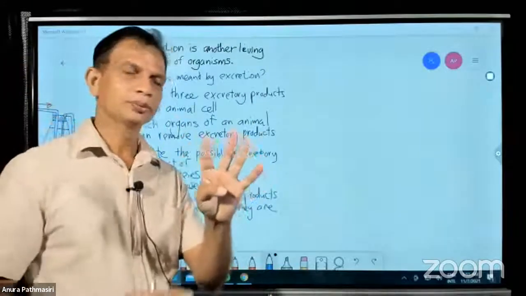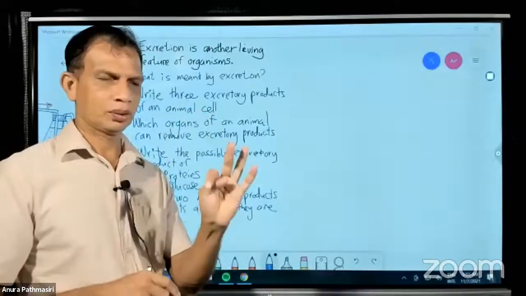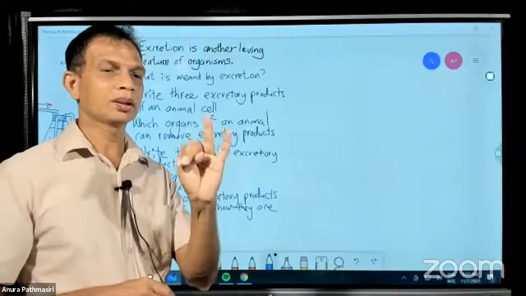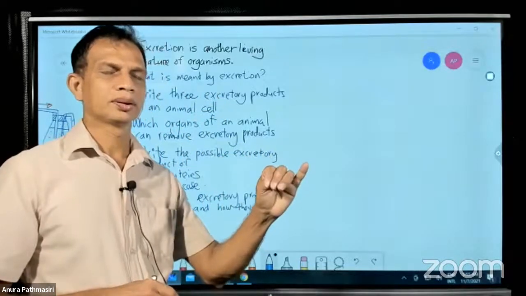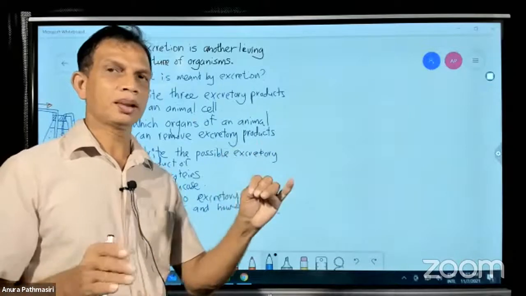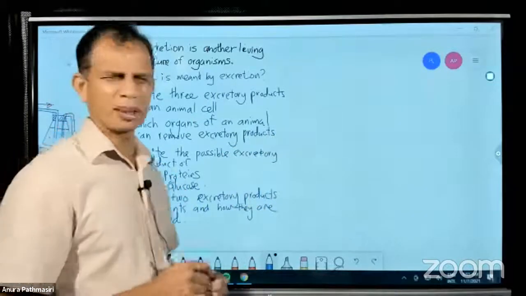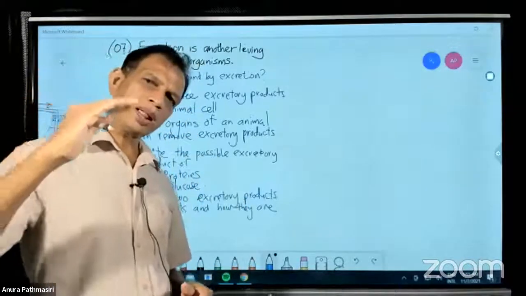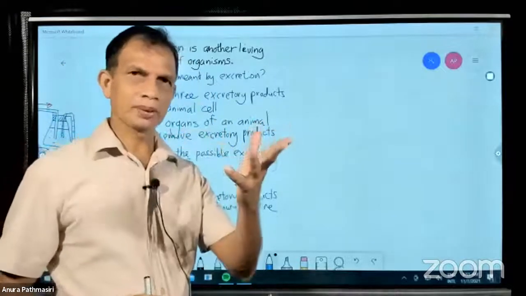Removal of the byproducts of the biochemical reactions that occur in the cell, within brackets, metabolic activities. What is metabolism? It has anabolism and catabolism.